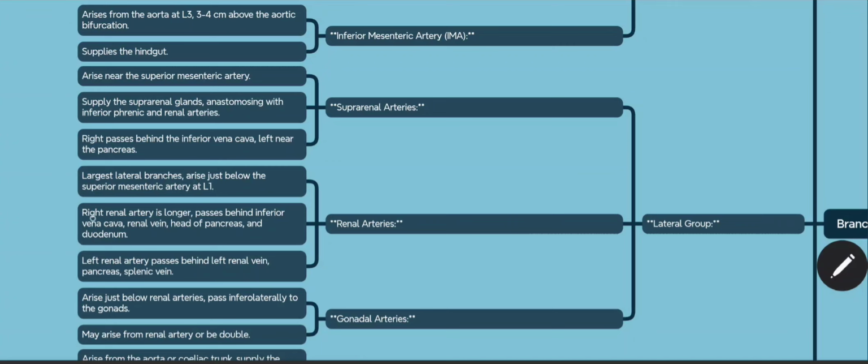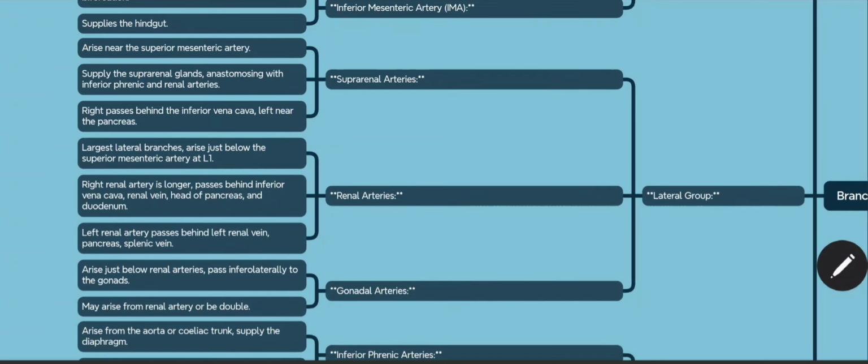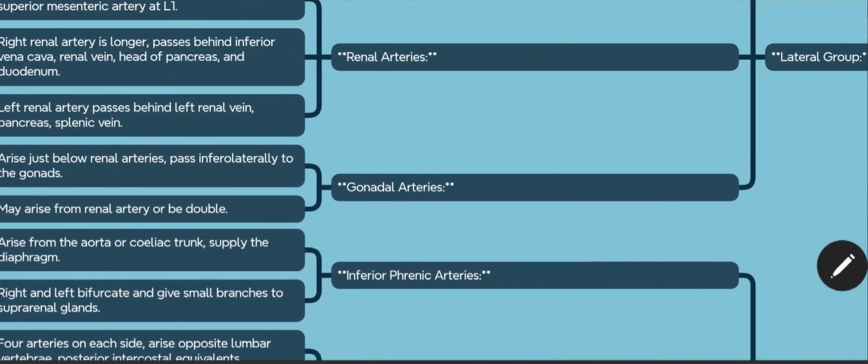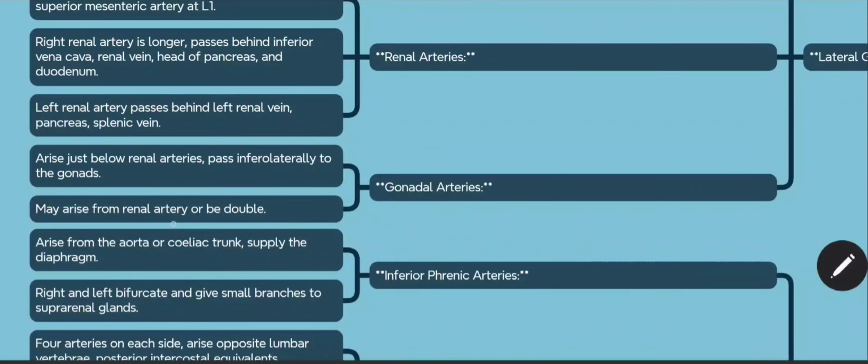The right renal artery is longer, passing behind the inferior vena cava, renal vein, head of the pancreas, and duodenum. The left renal artery passes behind the left renal vein, pancreas, and splenic vein. The gonadal arteries arise just below the renal arteries and pass inferolaterally to the gonads; they may arise from the renal artery or can be double. That's the lateral group.